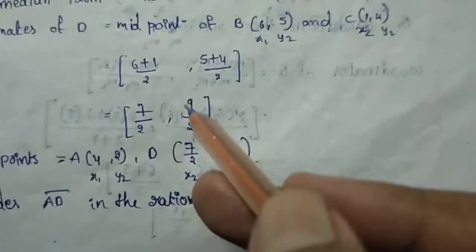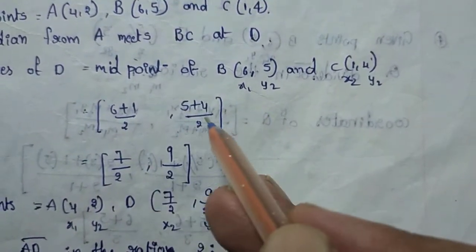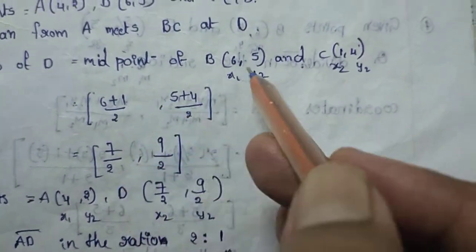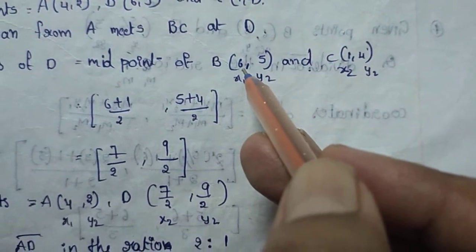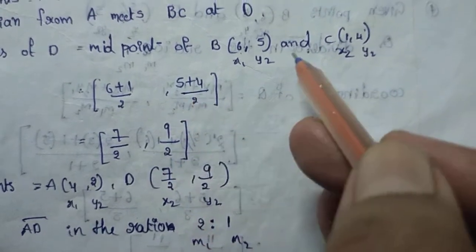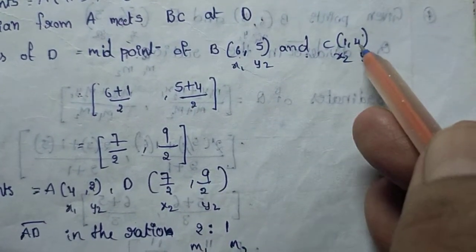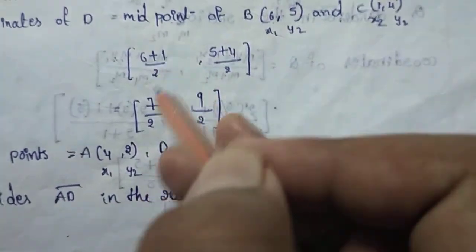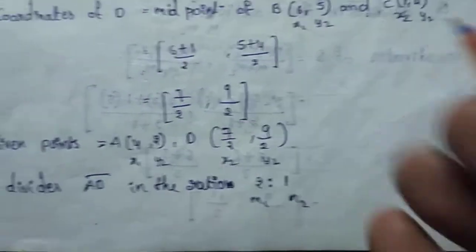Using the midpoint formula (x1 plus x2) by 2, (y1 plus y2) by 2: (6 plus 1) by 2, (5 plus 4) by 2, which is 7 by 2, 9 by 2. First problem complete.